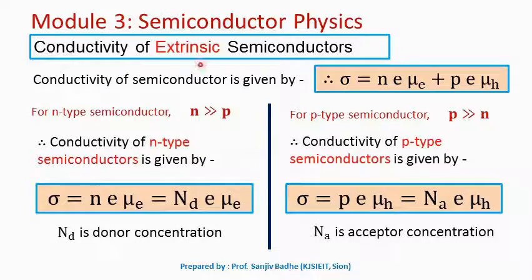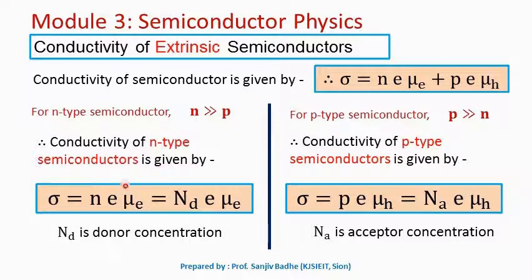Now let us write the relations for conductivity in case of extrinsic semiconductors. So for semiconductor, conductivity is neμe plus peμh. For n-type semiconductor, the electron concentration in conduction band is very large as compared to hole concentration in valence band, and therefore this second term can be neglected.